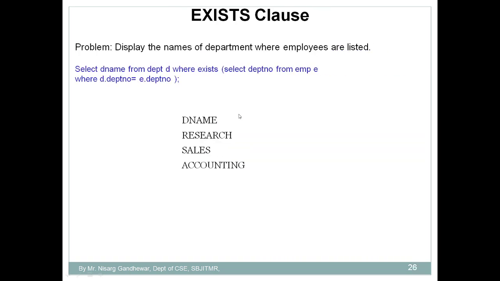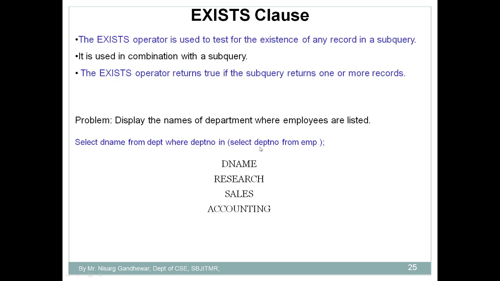But in the EXISTS version that issue is not there. It will only retrieve the department numbers which are present in both tables, because here we are comparing the condition D.dptno equals E.dptno. But in the other case, as we are not comparing, we are retrieving all the department numbers from the employee table, so it may create a problem.